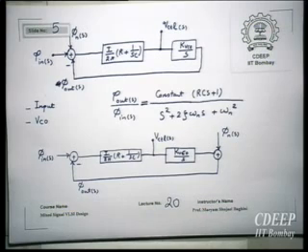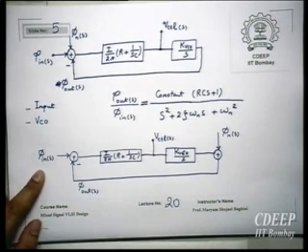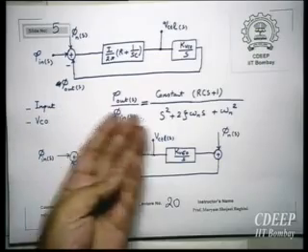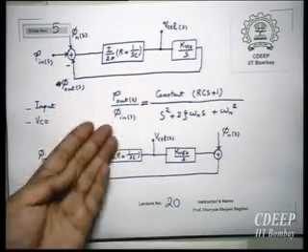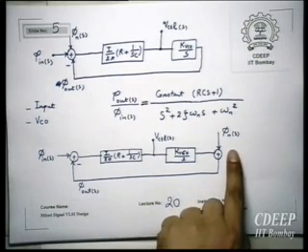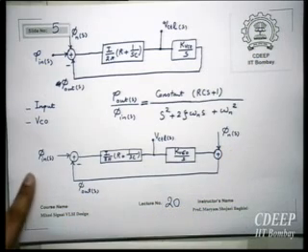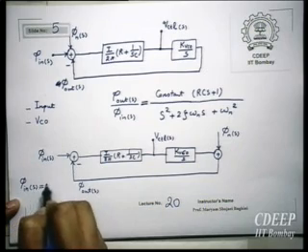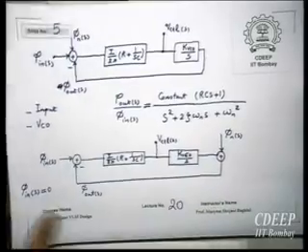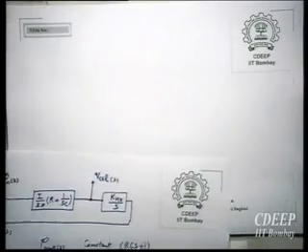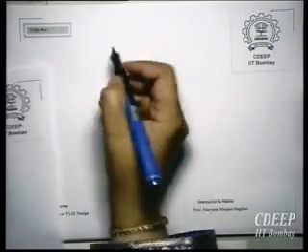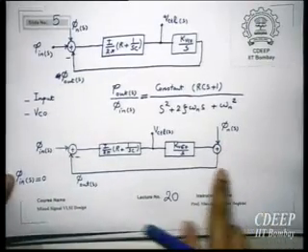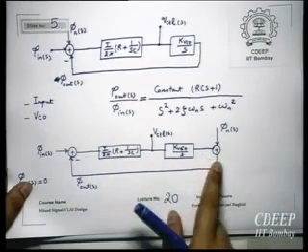Now again, we consider phi in as 0. Because these two are the same, I told you the transfer function is the same as phi out upon phi in. But here, to see the effect of the VCO noise, I explicitly make phi in equal to 0. So now the loop will be like this. Look at this as an input, with a feed forward path and a feedback loop.